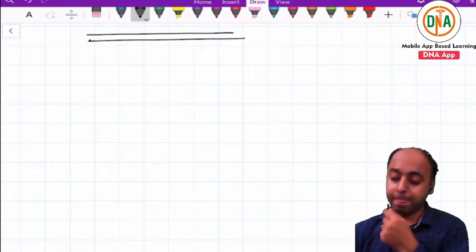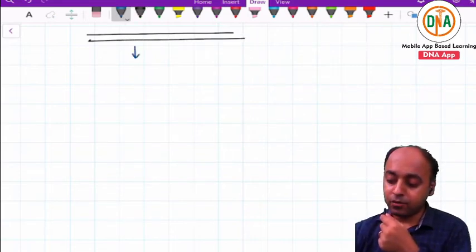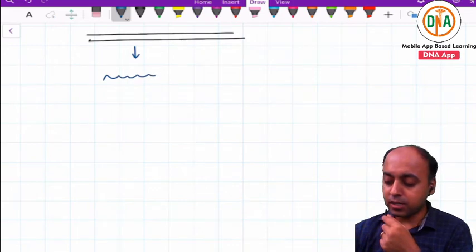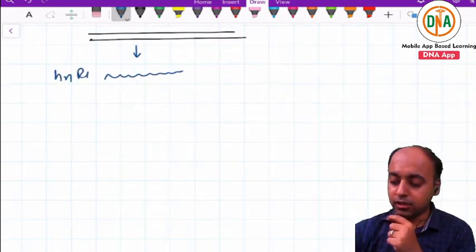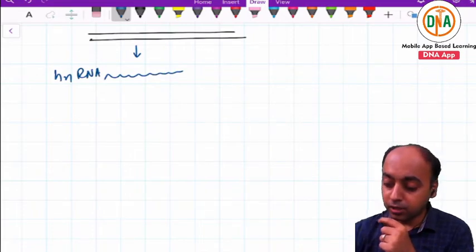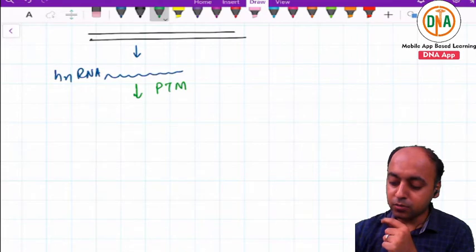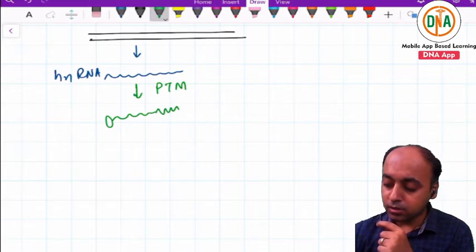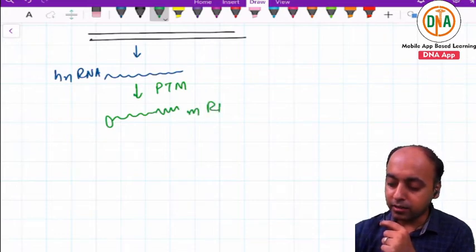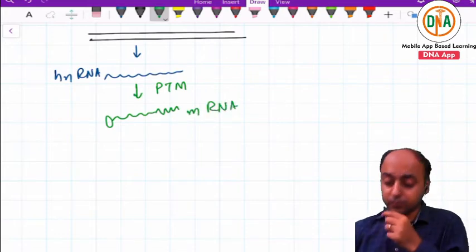DNA. From DNA, after transcription, you get the heterogeneous nuclear RNA. The heterogeneous nuclear RNA undergoes post-transcriptional modification and it forms the messenger RNA. Right?